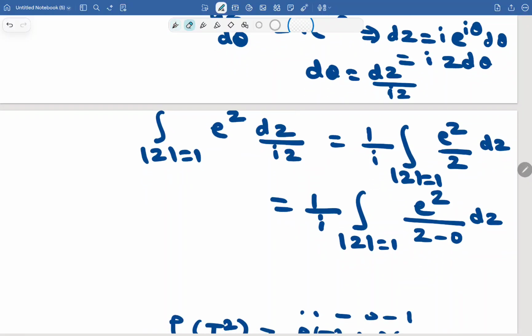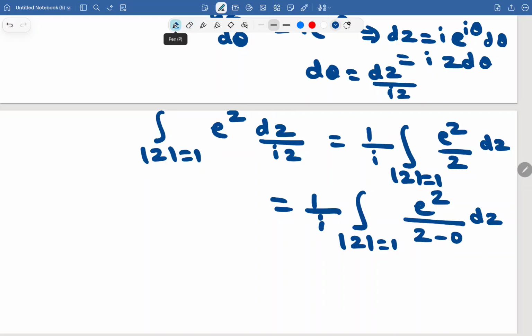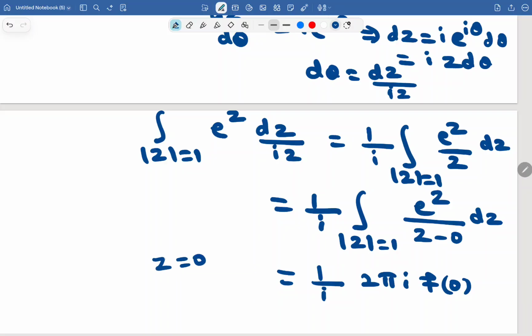Clearly, 0 is the only pole that lies inside the circle mod z equal to 1. By Cauchy integral formula, 1 by i into 2 pi i into f of 0.